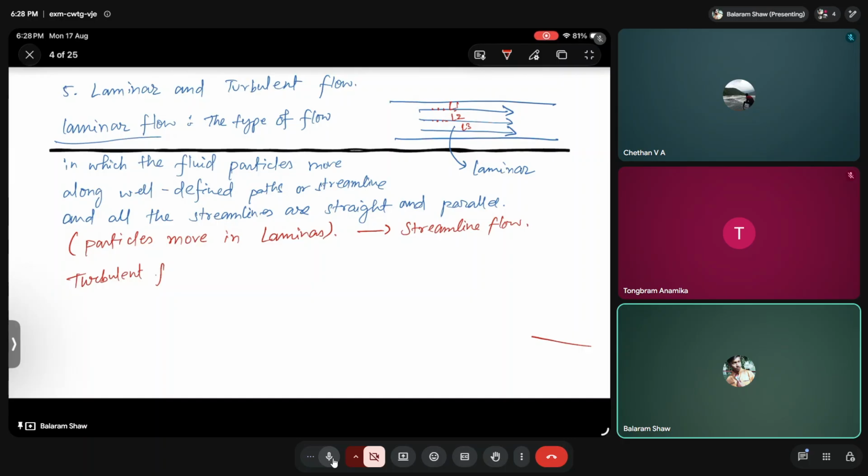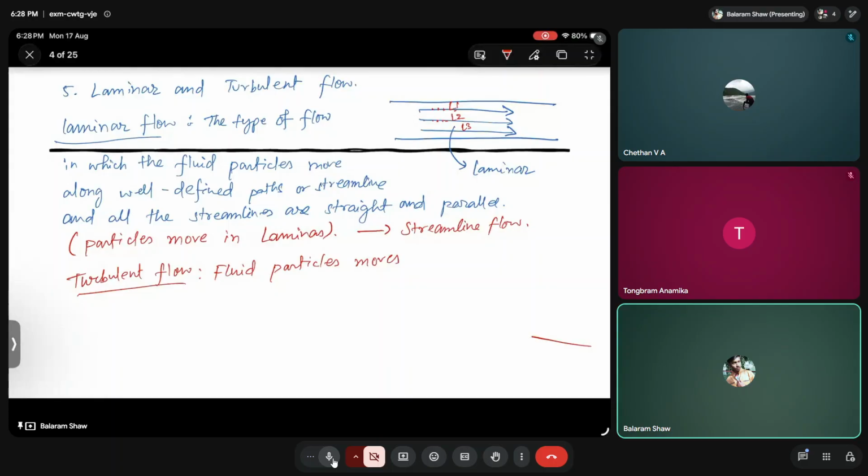Okay, and then what is turbulent flow? Anyone? In this, how will the water particles move? The fluid particles move in a highly irregular, circuitous path, or we can easily say in a zigzag way.